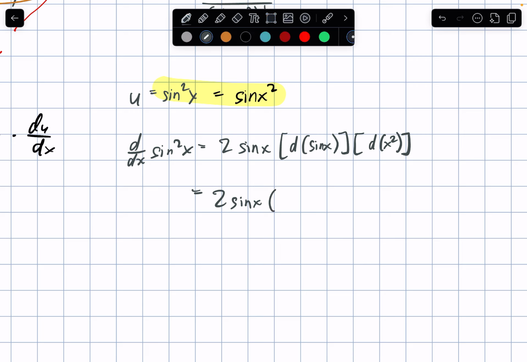So the derivative of sine x, like I just said, is cosine x. And the derivative of x squared is going to be 2x. And then we have 4 sine x cosine x. Sorry, 4x. Can we rewrite this as 2x times 2?